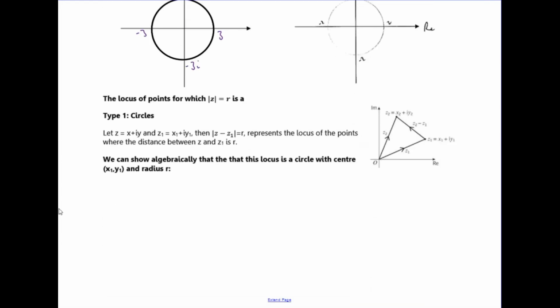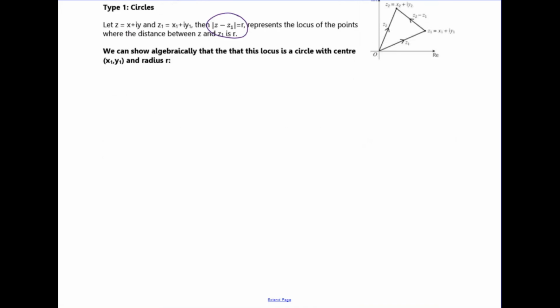Now it's usually more complicated than this. It's usually something of this form here, modulus of z minus z1 equals r, where z1 is the center of the circle and r is the radius of the circle. With a bit of algebra, we can show that this is a circle. So if we let z equal x plus yi and z1 is x1 plus y1 i, we can substitute those into there.